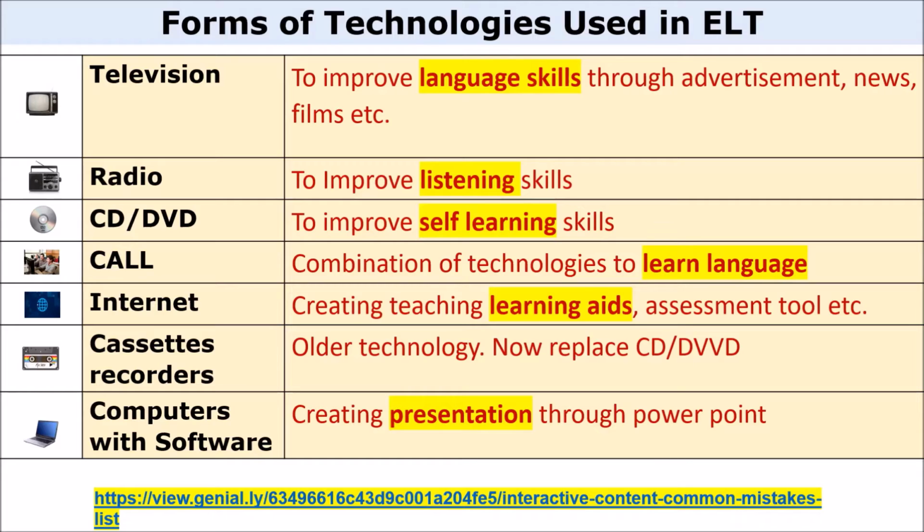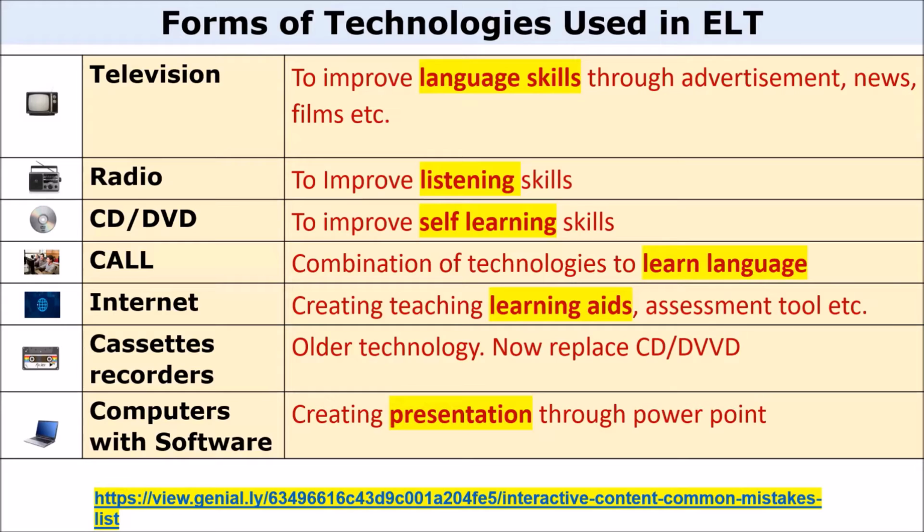Then the internet, another type of thing. You can use the internet to teach your students, giving some facilities to create teaching and learning aids, then assessment tools, right? Then cassette recorders, another form of technology. Cassette recorders are older technology. Nowadays it is very rare to see this type of technology.